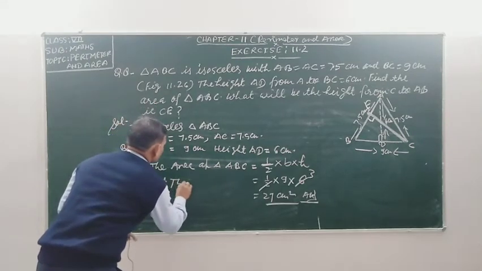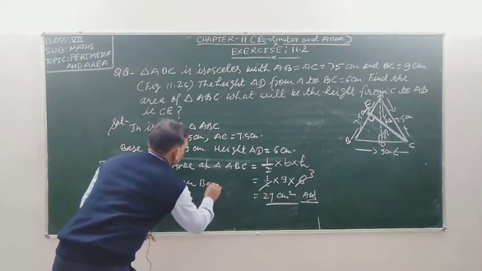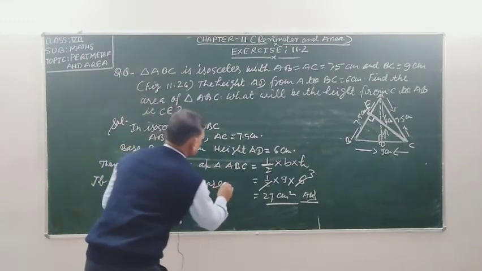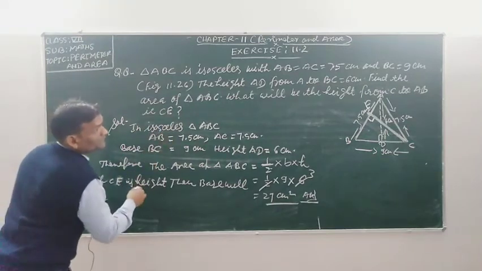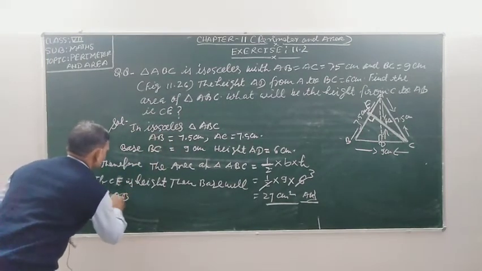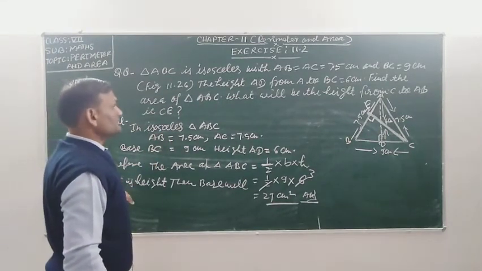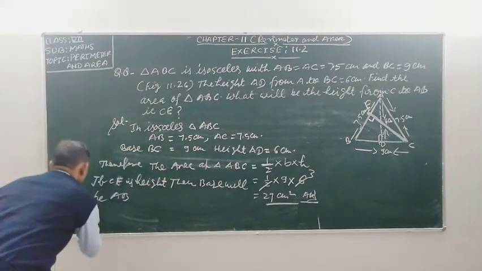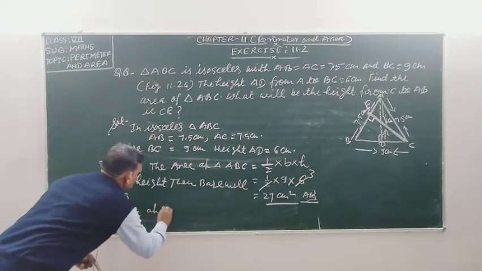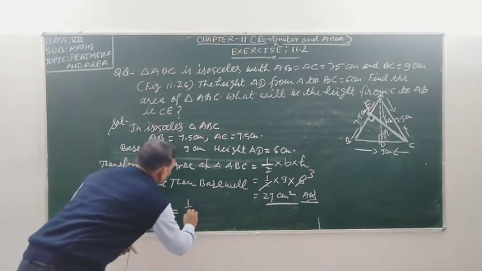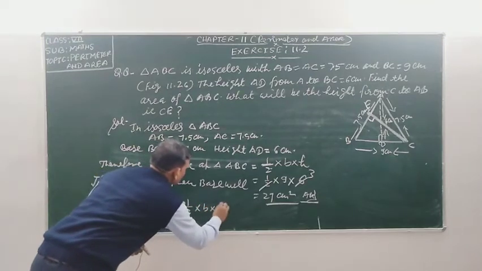then base will be AB. Base will be AB. So area of triangle is equal to 1/2 into base into height.